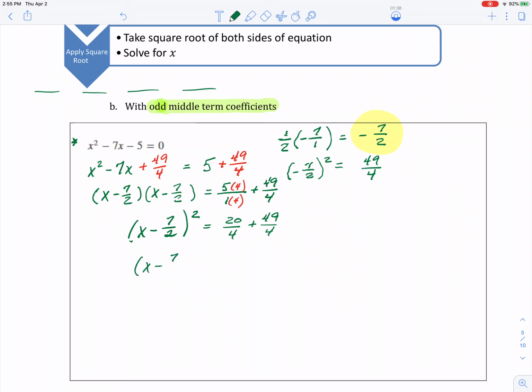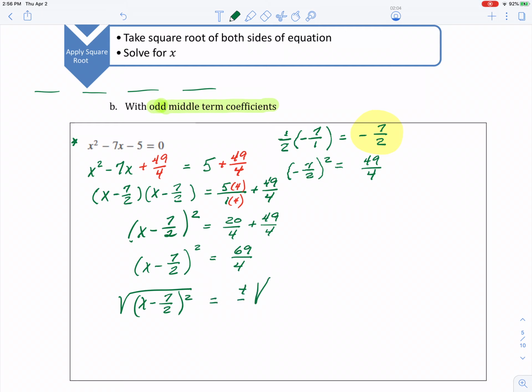I'm just going to copy down the left-hand side for a minute longer and go ahead and clean this up. This is going to be 69/4. All right, so now this is where the square root property comes in. I'm going to take the square root of the left-hand side. Remember, that's why we needed that parentheses.